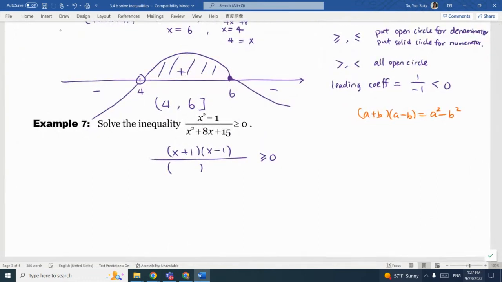Okay. And how do we factor the x squared plus 8x plus 15? Yeah, very good. x plus 3 and x plus 5. Awesome. So we factor it completely. Now, what are the critical numbers?